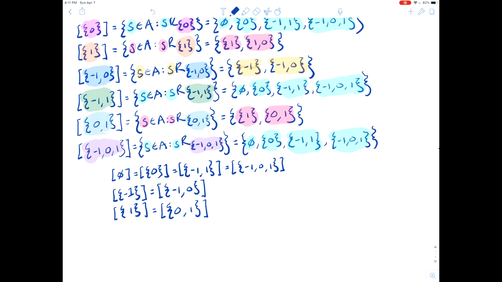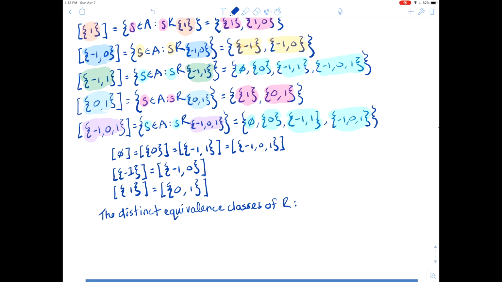And so now we can write down what our results are, right? So the distinct equivalence classes of R are, there will be 3 sets for the distinct equivalence classes of R, right?